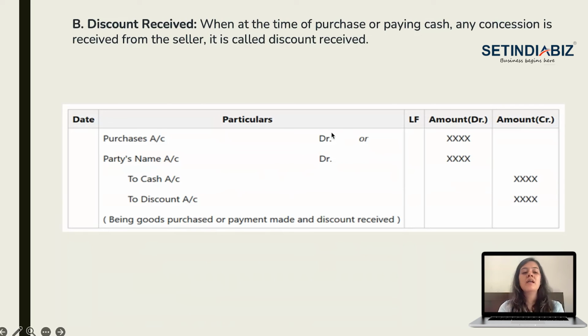So it is again being credited, to cash, to discount account. Purchases account is being debited, it is my direct expense. Expense increases, it will be debited, or party's name, when I'm purchasing it on credit and still I'm getting the discount.